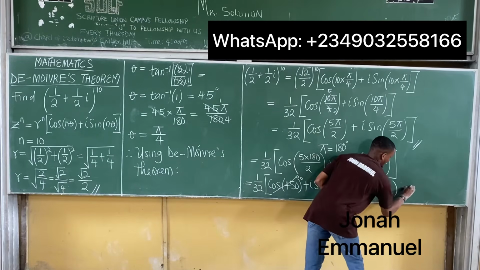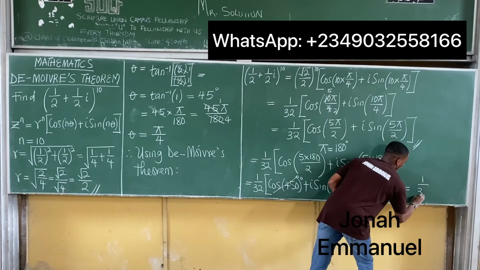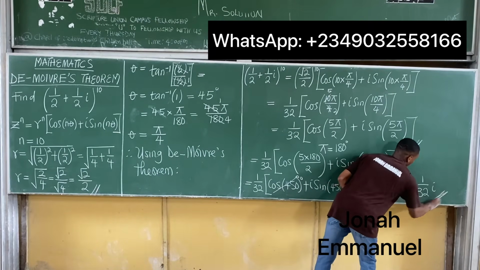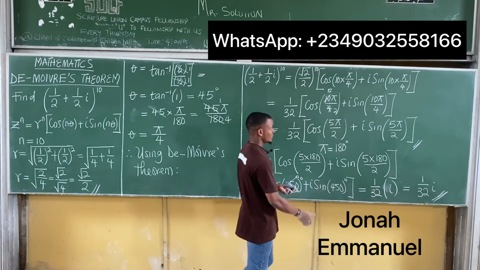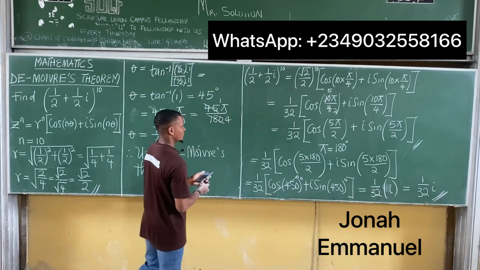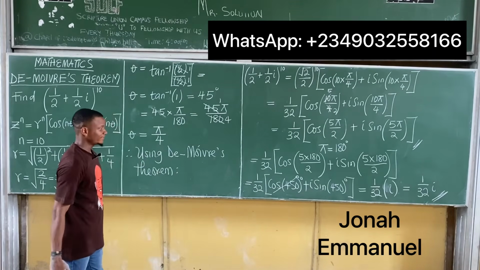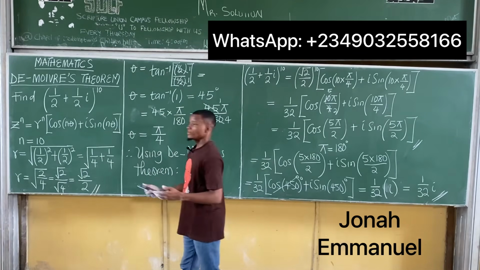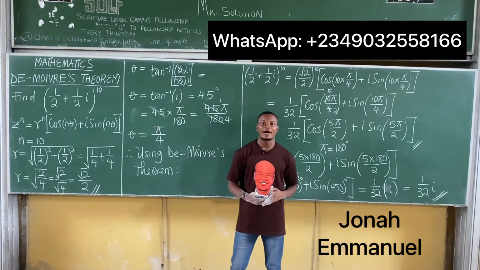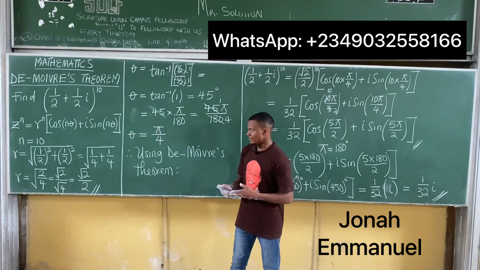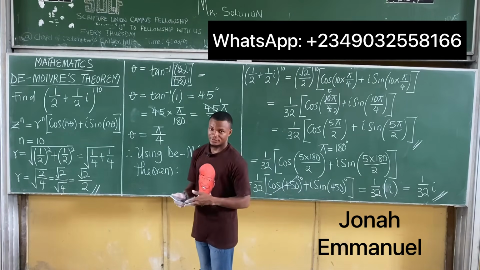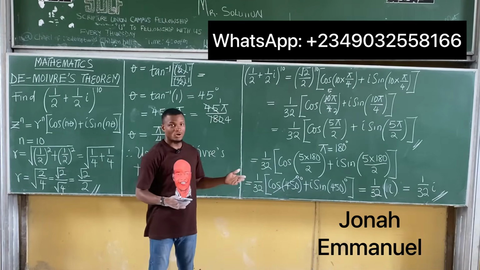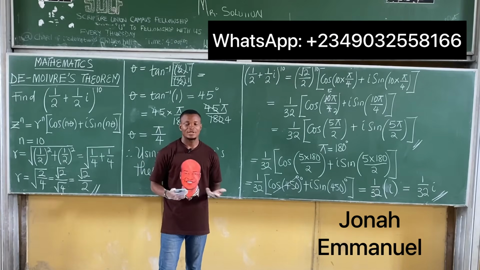So if I multiply this, this is equal to 1 over 32 I. So you have this answer. So this is how we can use De-Moivre's theorem to simplify getting the nth power of a complex number. This is how we work on De-Moivre's theorem.